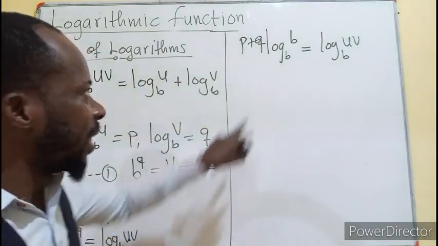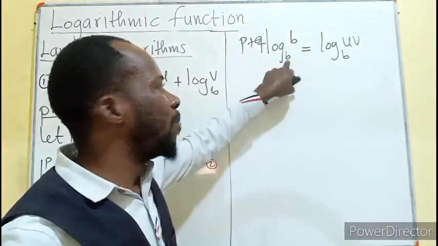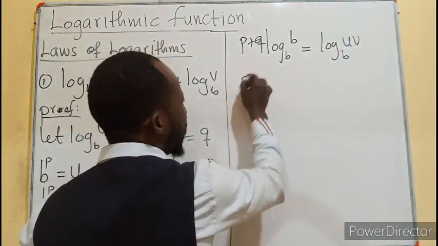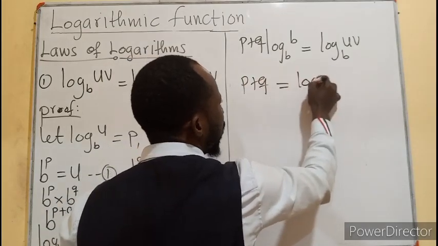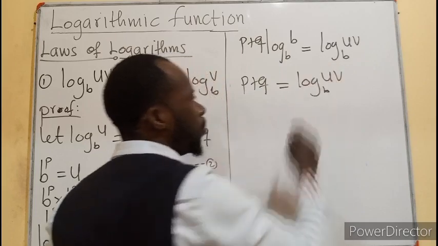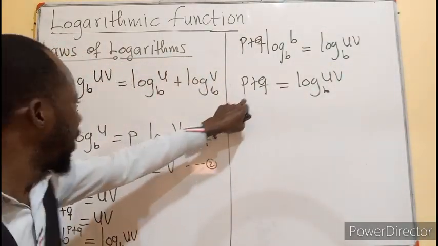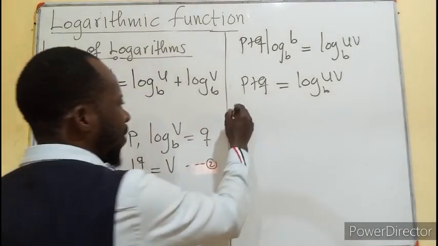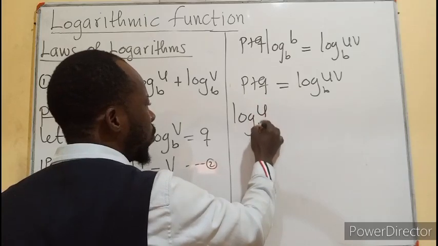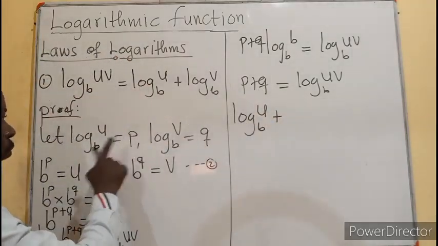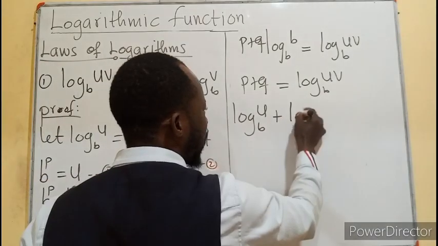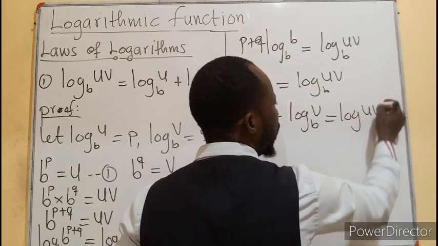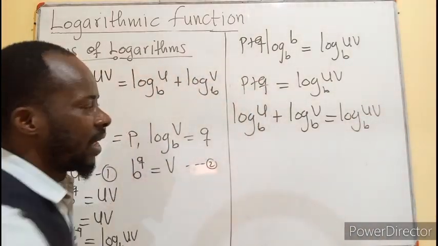From the properties we learned, if the argument and the base of a logarithm are the same, it becomes 1. So it is just 1 multiplying p plus q, which equals the logarithm of uv base b. Remember that p is the logarithm of u base b, and q is the logarithm of v base b. So the logarithm of u base b plus the logarithm of v base b equals the log of uv base b. You can see that it is true.